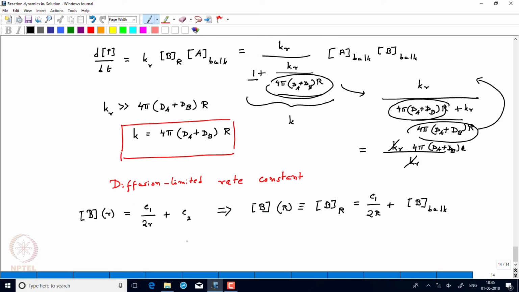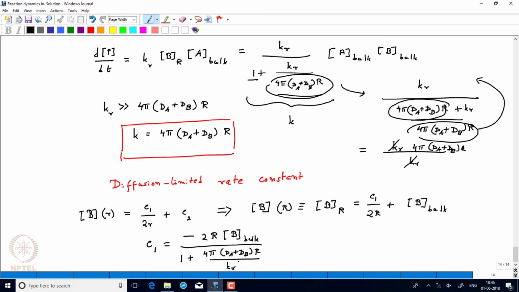And if you do it, the expression for C1 will be minus twice R times B bulk divided by 1 plus 4 pi (D_A plus D_B) times R divided by K_r.